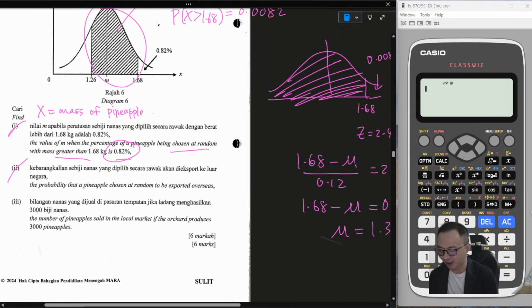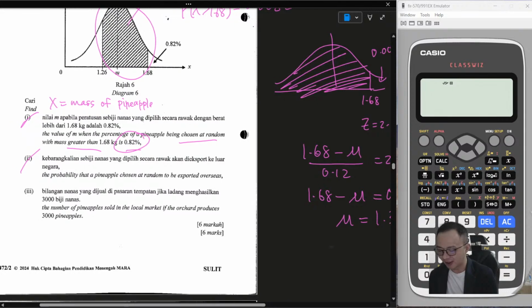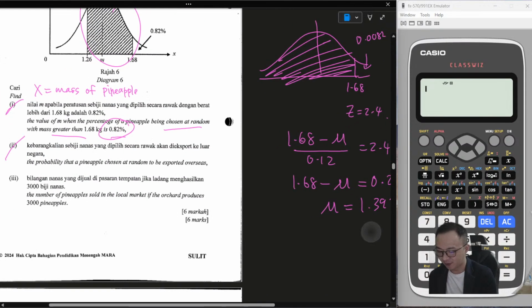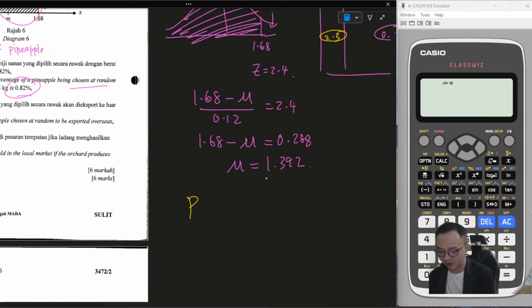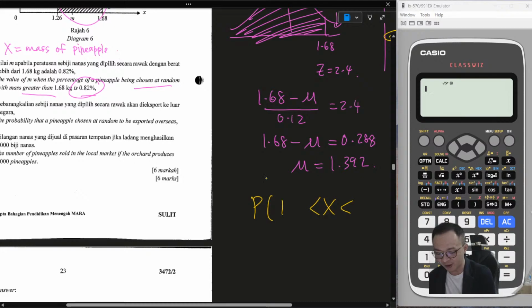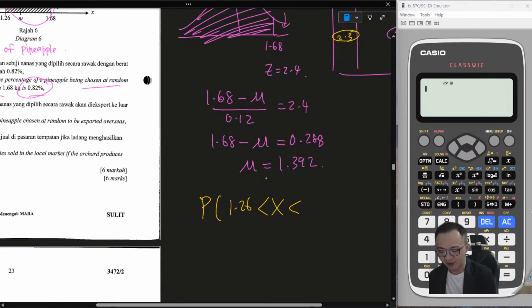Let me continue, okay? So right now I want to find a probability for exported. X is exported, is from what? 1.26 to 1.68.